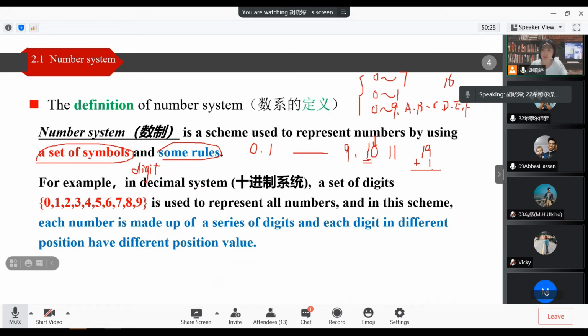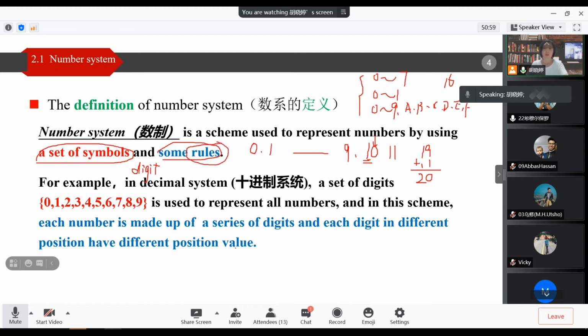That bit is larger than 9, so you need to generate a carry bit 1, and this bit will be 0. The second bit will be 1 plus 1, which is 2. Can you understand? Okay. So those are called counting rules.